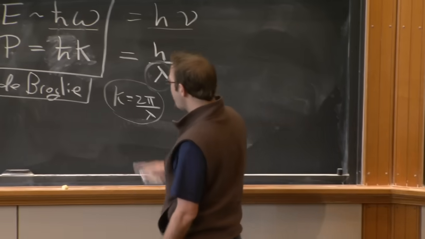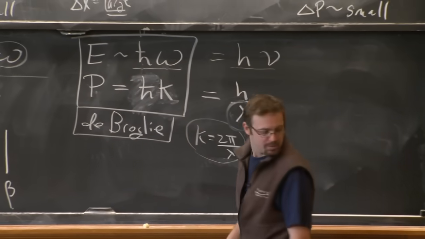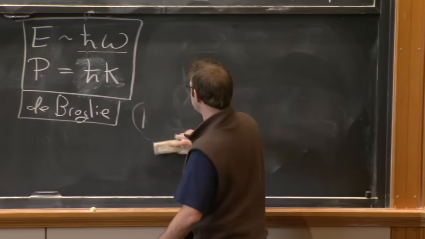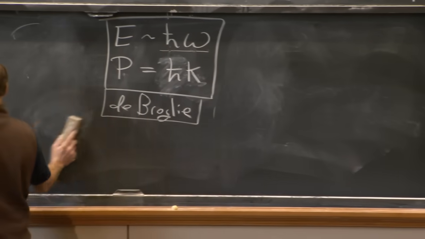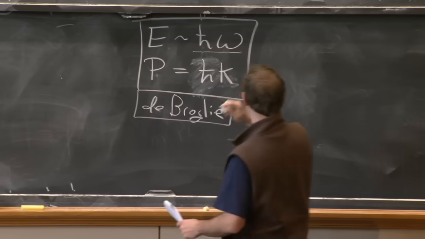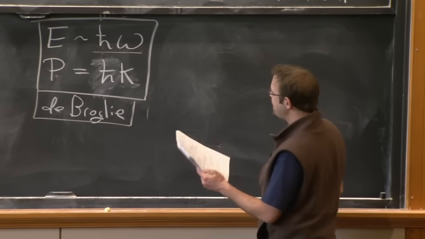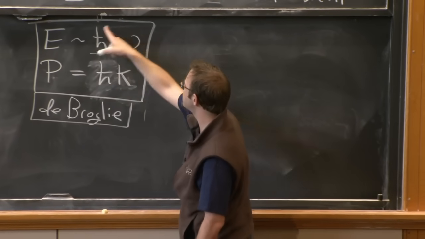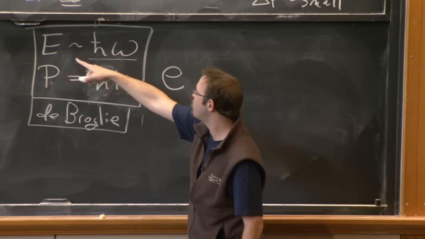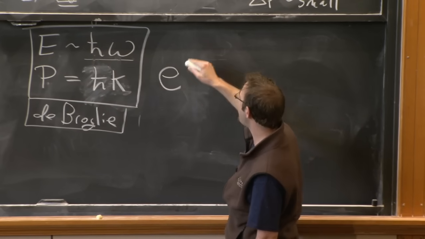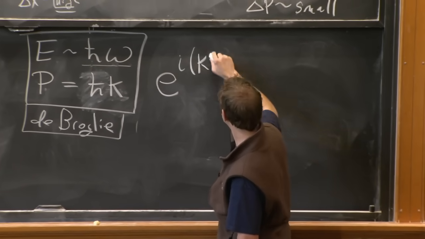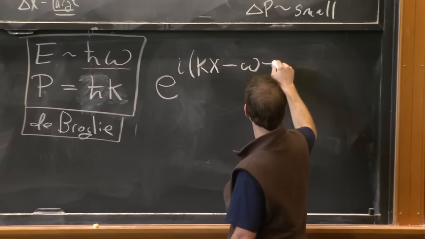Again, de Broglie made this conjecture that E is h bar omega and p is h bar k. This was verified in the Davisson-Germer experiment that we ran. But one of the things that's latent in this is what he means is, look, associated to every particle with energy E and momentum p is a plane wave of the form e to the i(kx minus omega t).